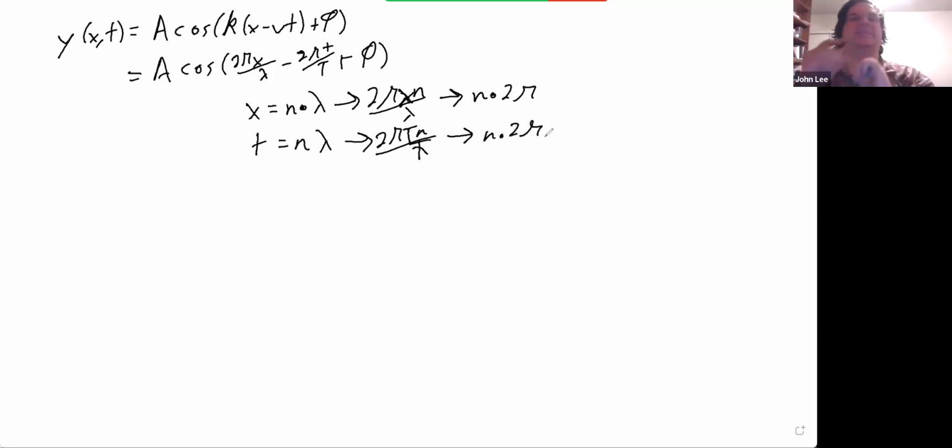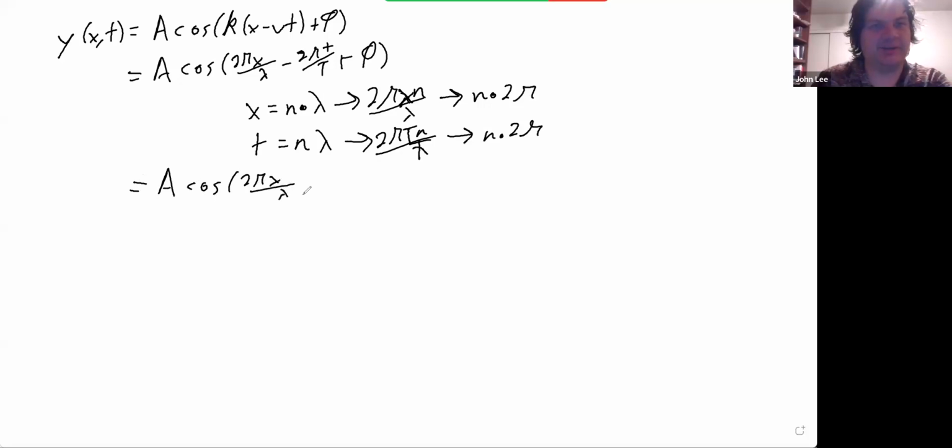So both of these conditions have to be true because it's a sine wave, which means that it has to repeat every period and it has to repeat every wavelength. So y of x of t goes to a cosine 2 pi x over lambda minus 2 pi t over period plus whatever phase constant we want to have here.